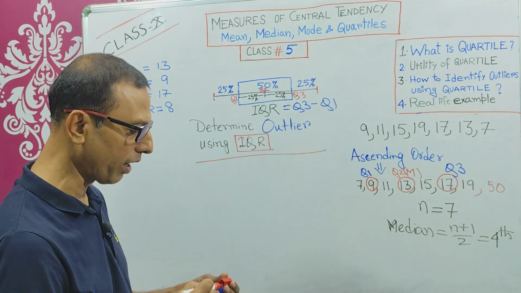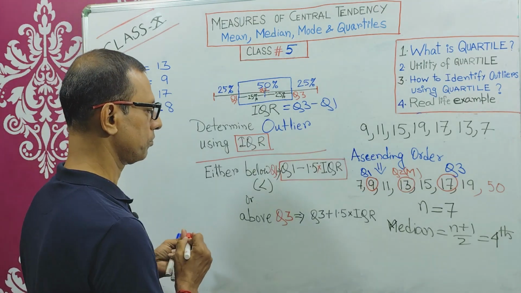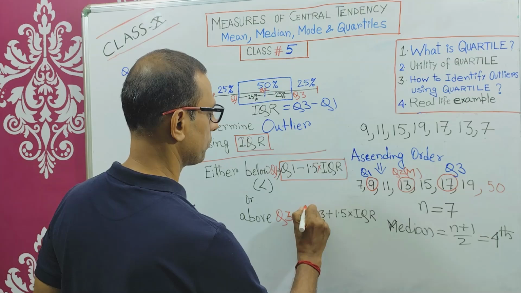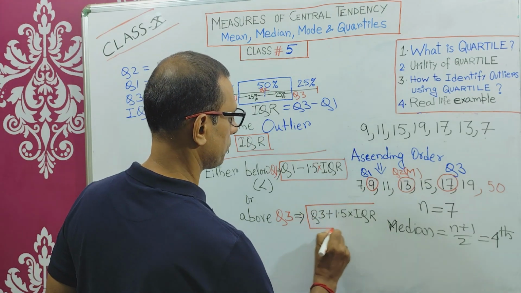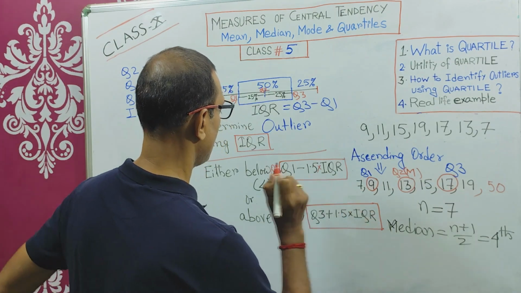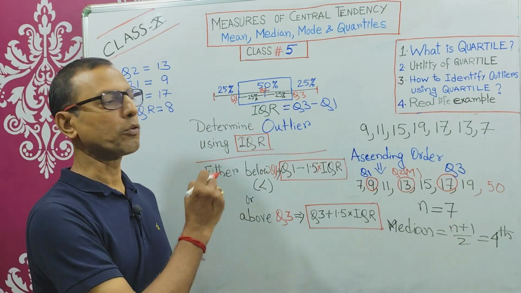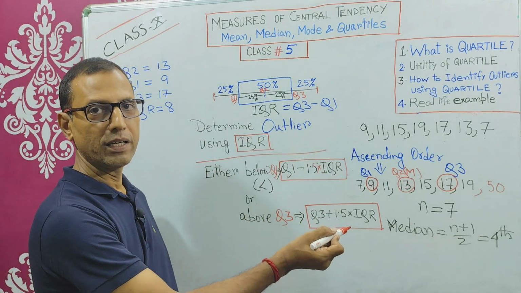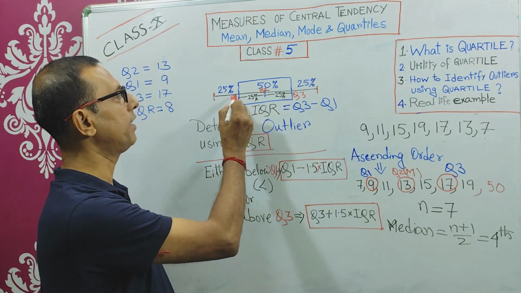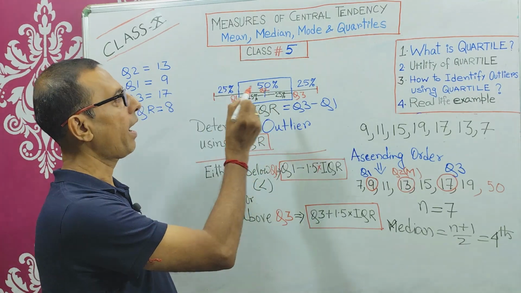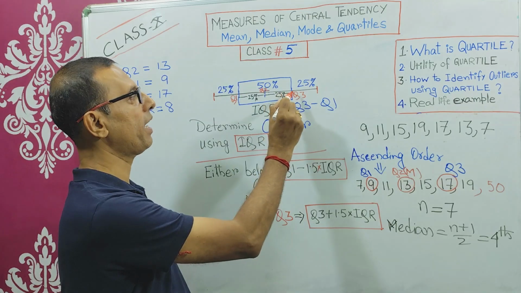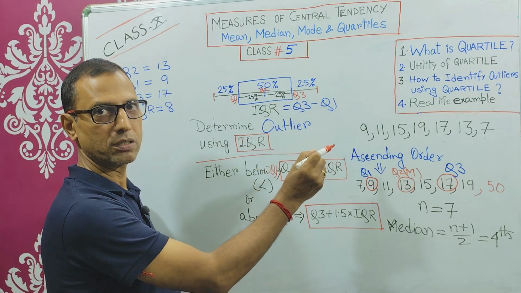The outlier could be extremely low or extremely high. If it is extremely low, it will be below Q1, and if it is extremely high, it will be above Q3, the third quartile.